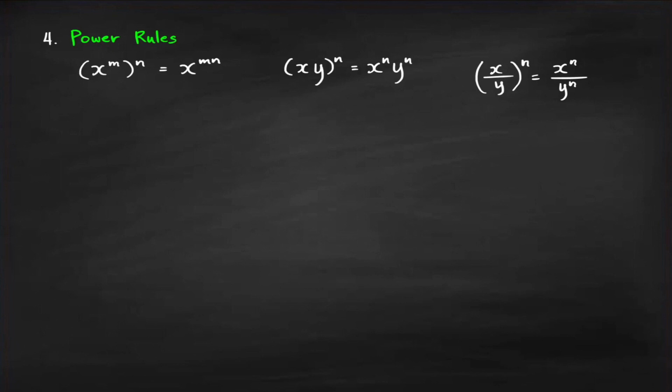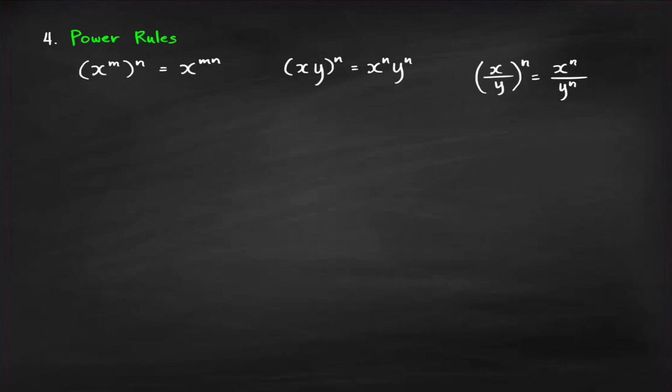So we had x to the n times x to the m equal to x to the n plus m. But for this first power rule, we only have one exponential expression here, and this x here is raised to two powers or two exponents. We have m and n.